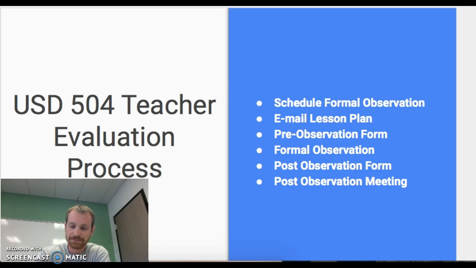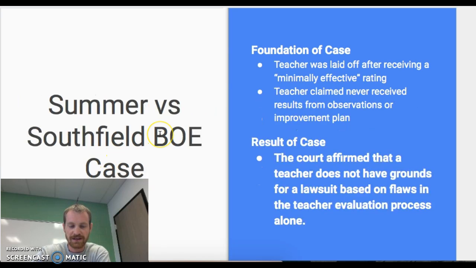Next thing was the court case I found. This one I looked up was Summer versus Southfield Board of Education. Here the teacher was laid off after receiving a minimally effective rating. The teacher claimed that they never received results from observations or an improvement plan.